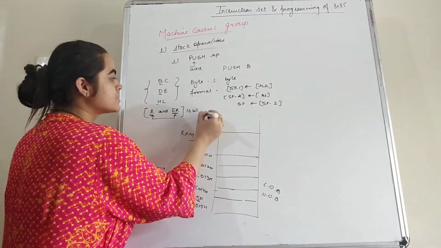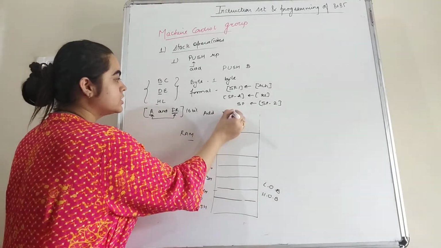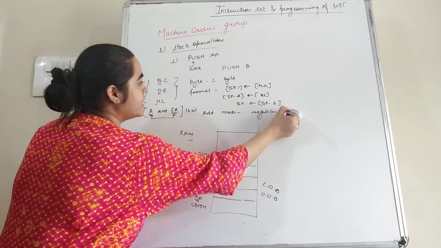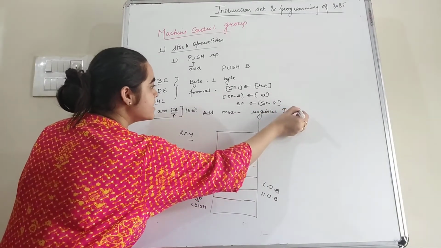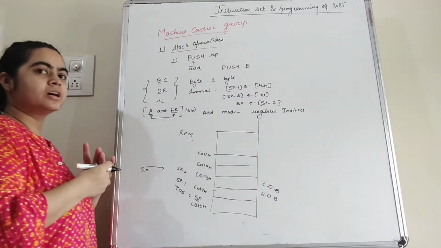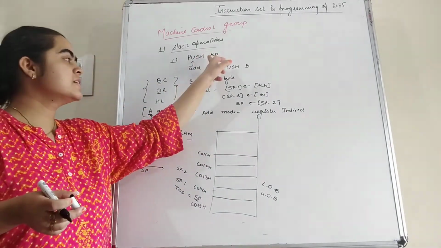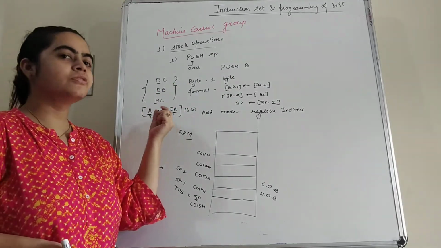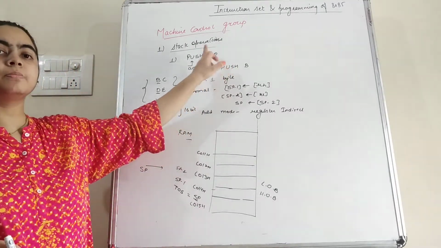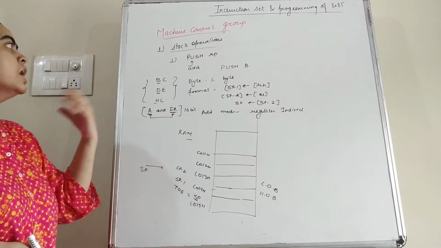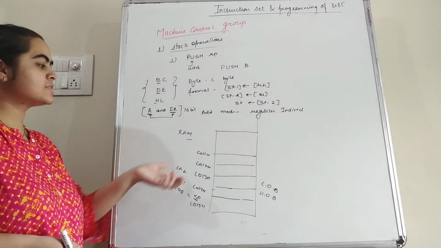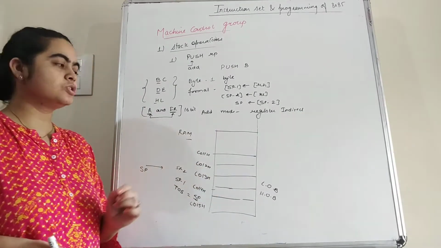Now next is the addressing mode. The addressing mode of this instruction is register indirect, because the address is not given directly in the instruction. The address is in the register pair. Initially the microprocessor fetches the address from the register pair, and after fetching the address, it retrieves the data from that address and adds it into the stack.